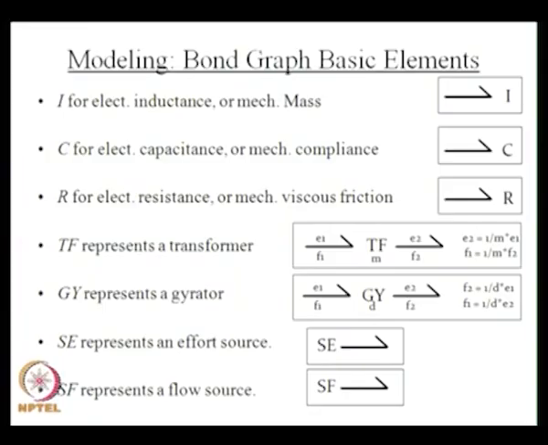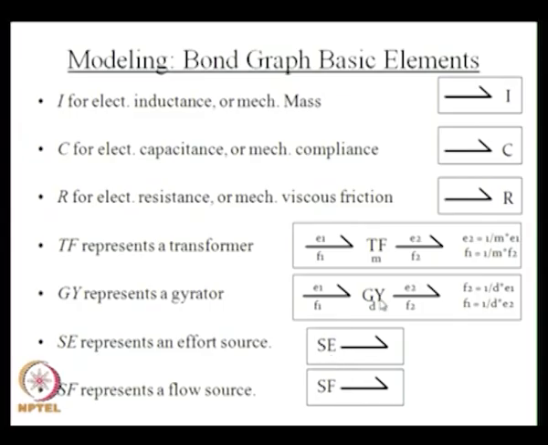Then you have a source flow, or flow source, which is represented by SF, where you have a current source or a flow source like a hydraulic flow or any other flow input. So you have source effort and source flow, which represent the input sources to the system, an effort source and a flow source.